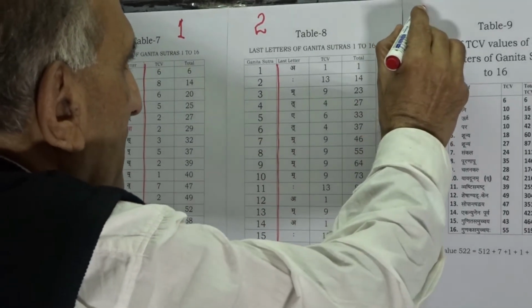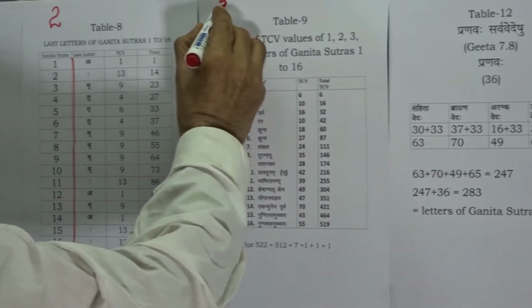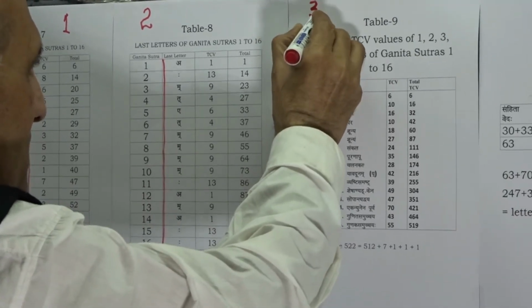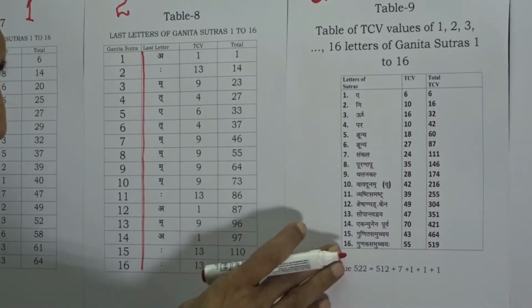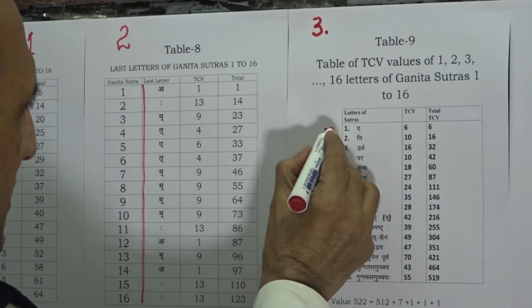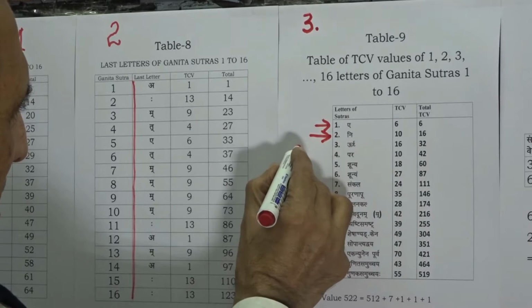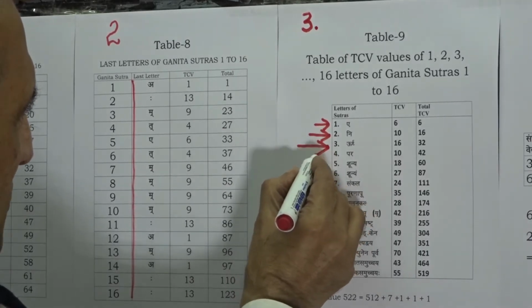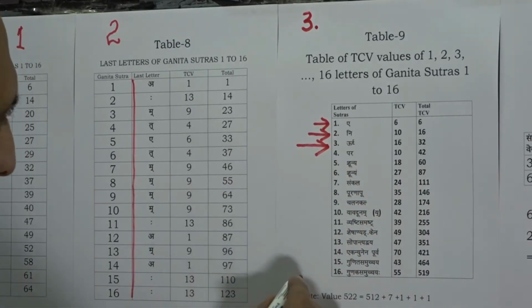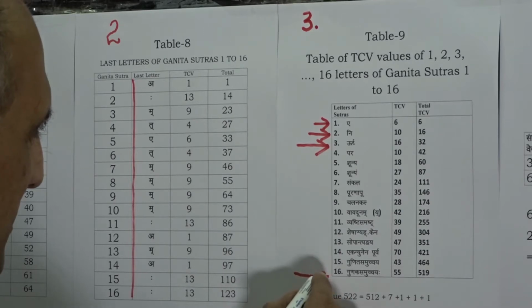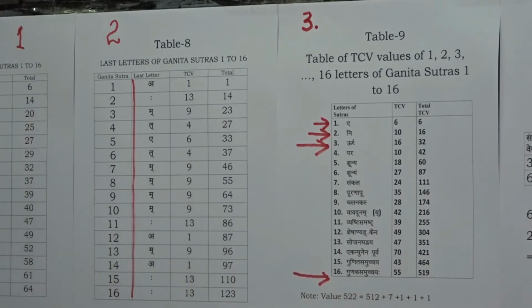The third internal test of the text of Ganita Sutras and Upsutras is going to be in terms of a table of the first letter of the first sutra, the first pair of letters of the second sutra, the first triple letters of the third sutra, and like that all the 16 letters of the 16th sutra.